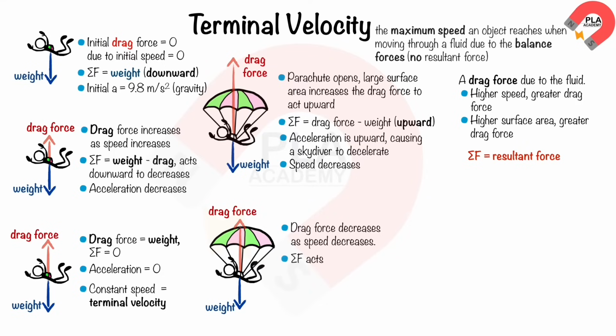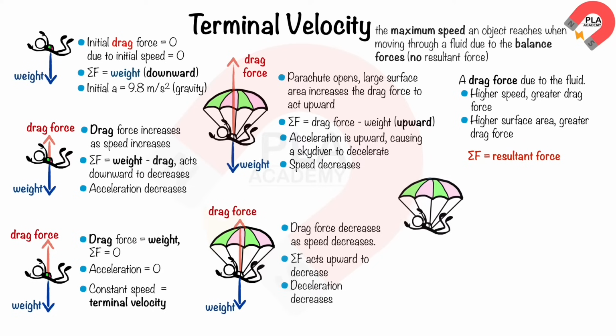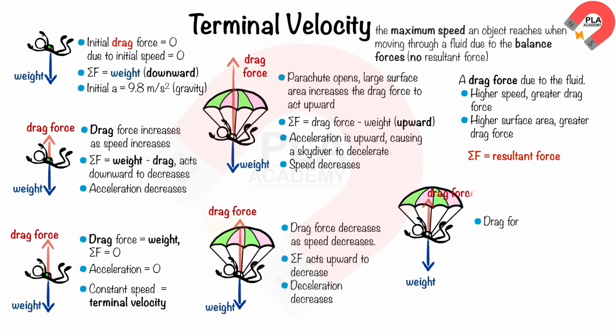Since the resultant force acting upward decreases, their deceleration also decreases. The drag force decreases until it equals their weight, so the resultant force is zero. Their acceleration is also zero, and their speed is constant again. This speed is called terminal velocity.